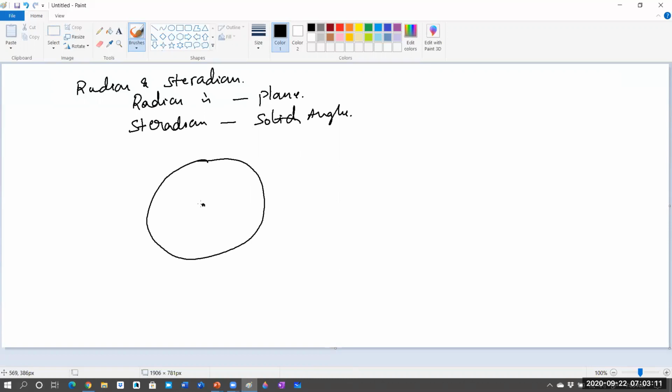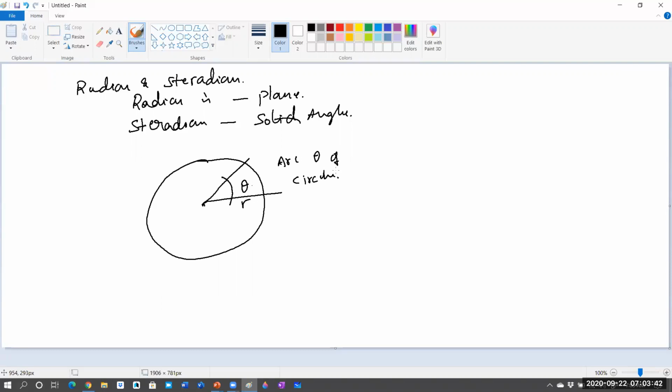One radian is defined as the plane angle with its vertex at the center. Suppose this is the radius r, then this theta is nothing but a radian, the arc theta of the circle.